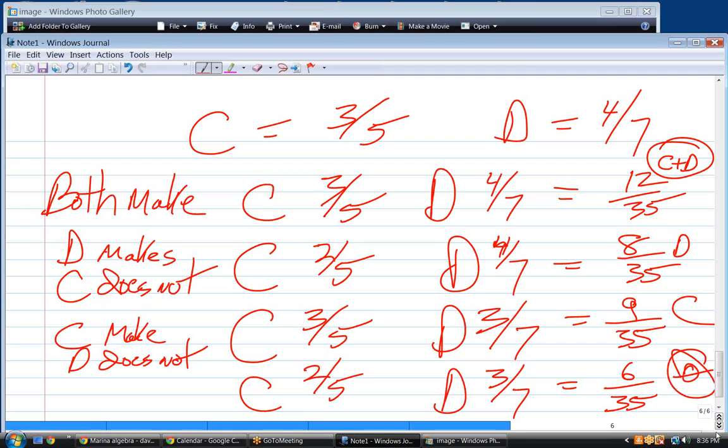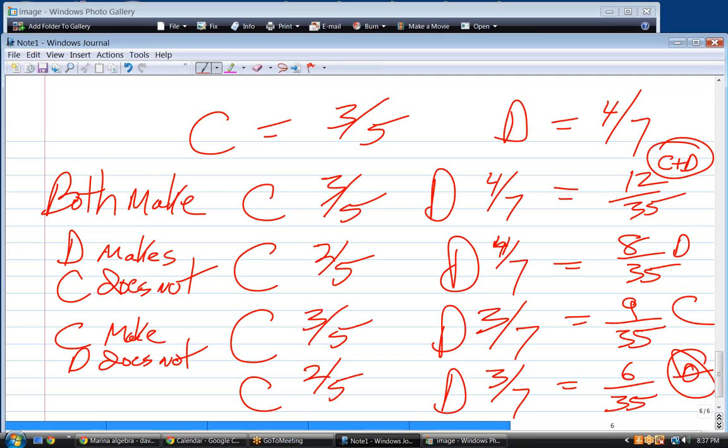Yeah, they do add to 1. 12/35 plus 8/35 plus 9/35 plus 6/35 adds to 35/35. And if you exhaust all possible combinations, probabilities always add to 1. Never more than 1, never less than 1.